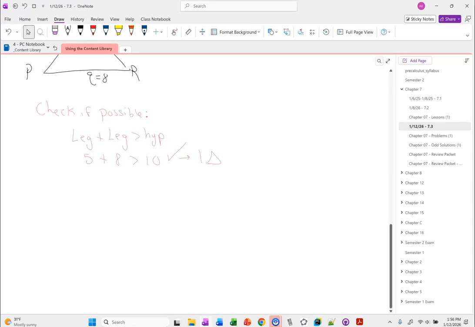Okay. So, we have three angles to solve for, right? P, Q, and R. Guess what? Order matters. Again. Why does order matter? We want to avoid running into one of those ambiguous case SSA problems.